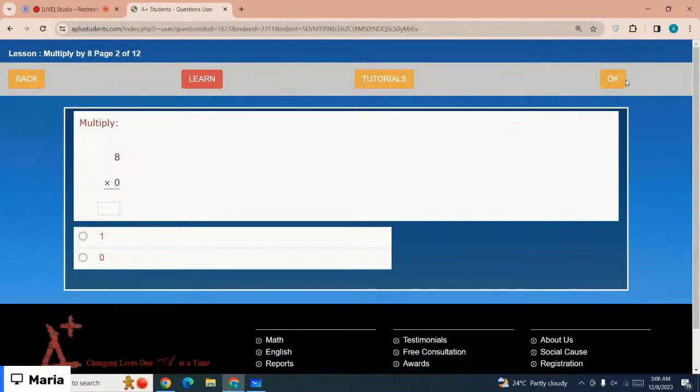The next one is 8 times 0. So which is the correct option? 8 times 0 equals whatever number you are going to multiply with 0, that is always 0, right?